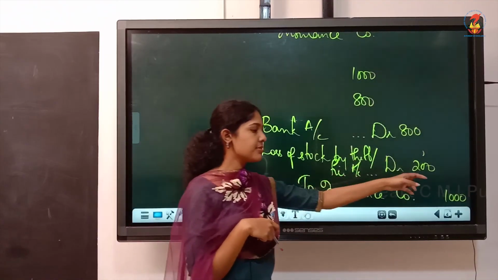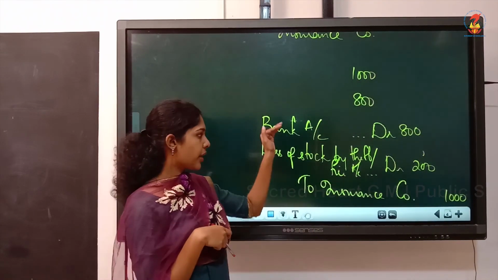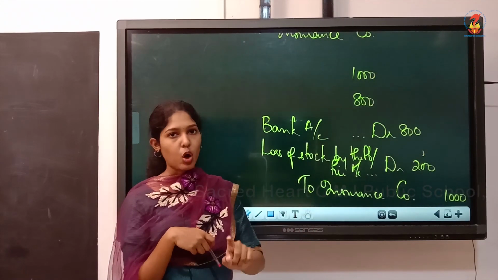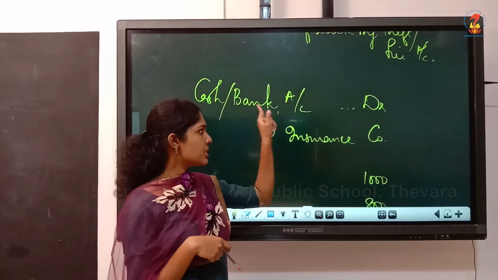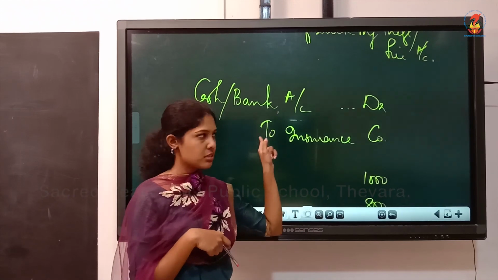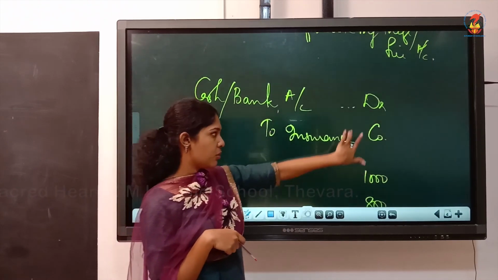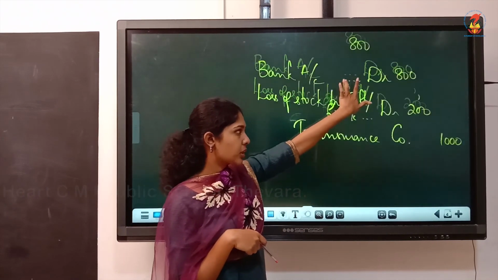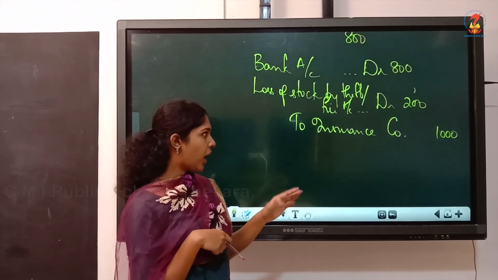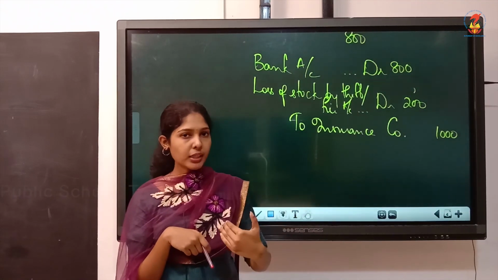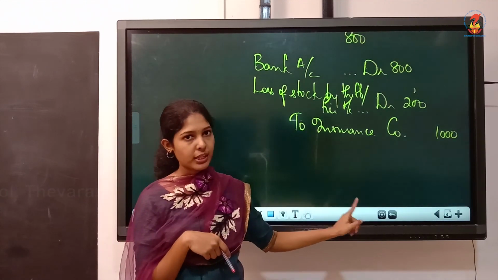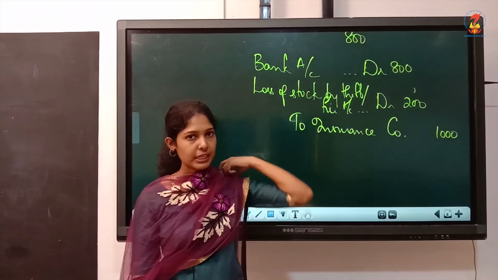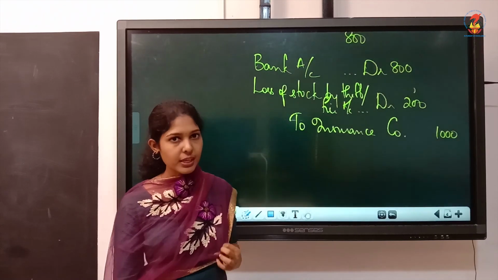Understood? That difference is the loss. So now this will become a compound entry. If you receive the entire amount, you can write bank debtor to or cash debtor to insurance company. When there is a loss amount or we are receiving only a part amount from the insurance company, this is how you have to write the journal entry. Clear? So that is a compound entry now.